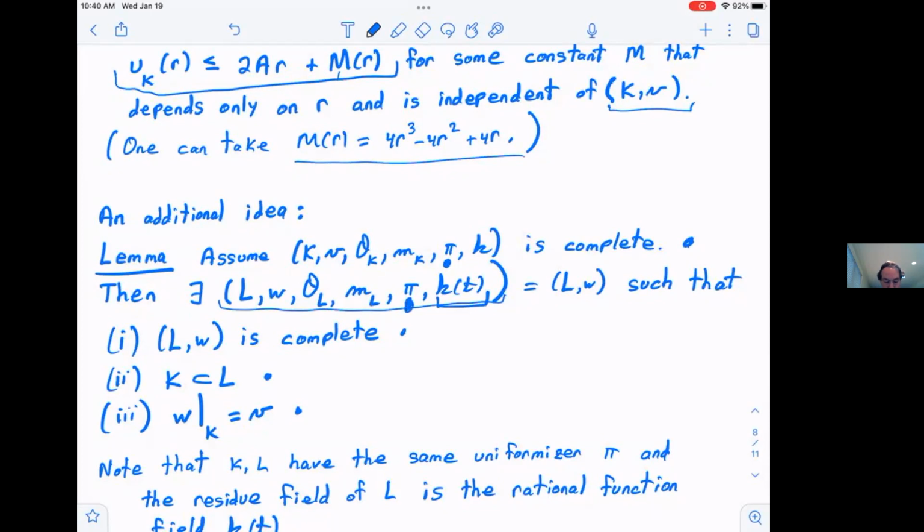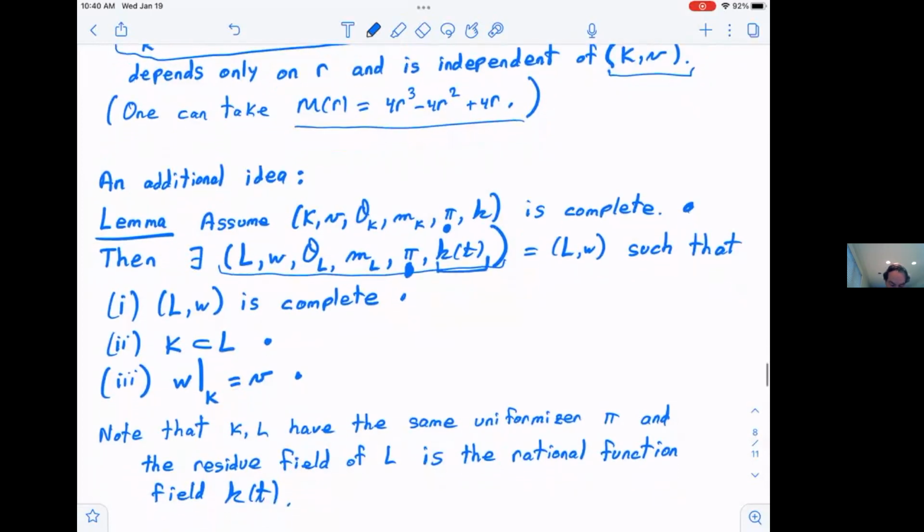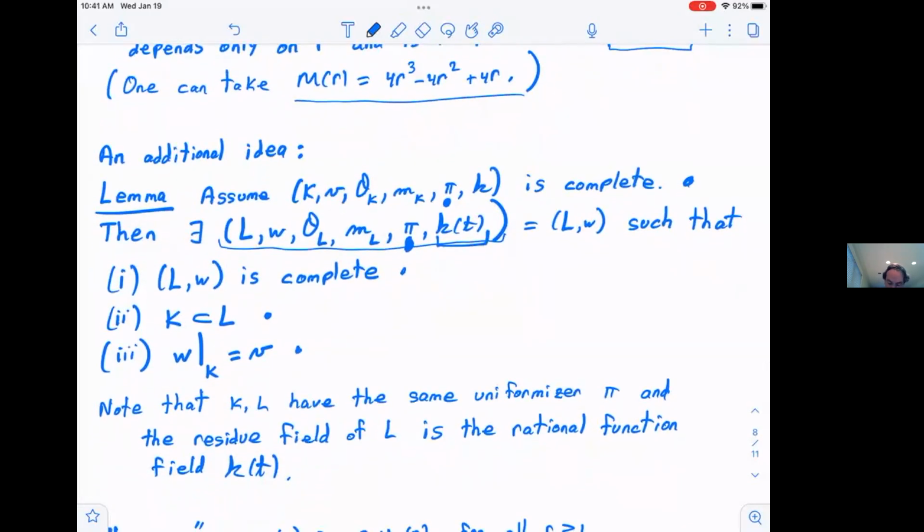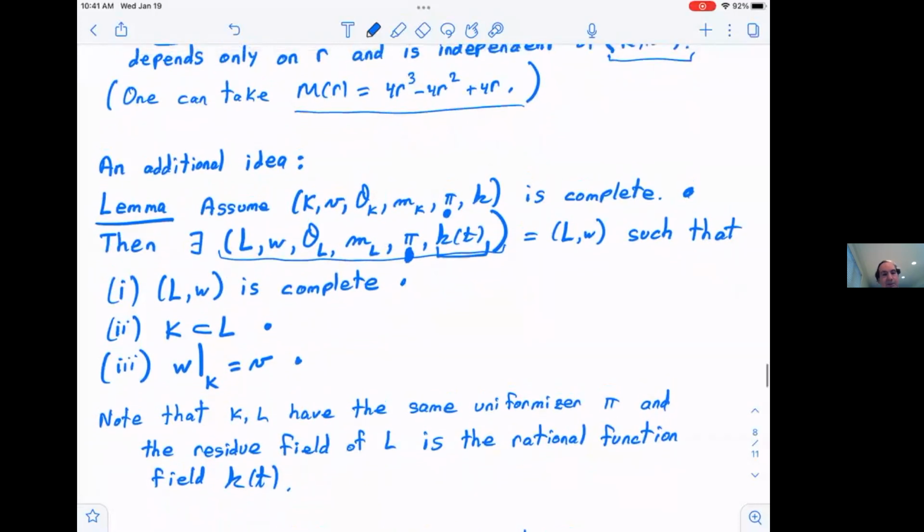The uniformizer pi is the same, and L contains K and is complete and extends the valuation. Note that K and L have the same uniformizer, and the residue field of L is the rational function field. So all this lemma says is such a complete field exists. That's my lemma. That's not too hard to prove.